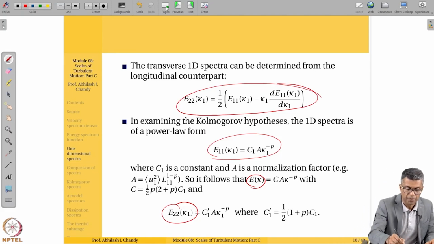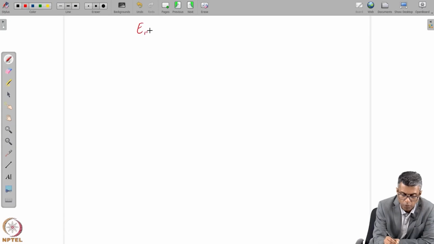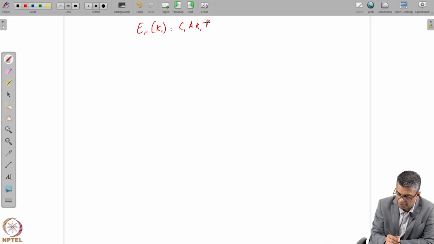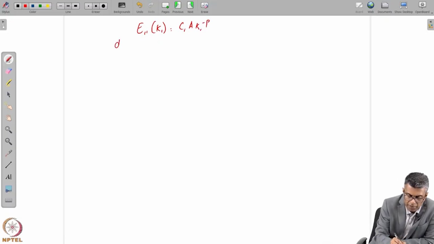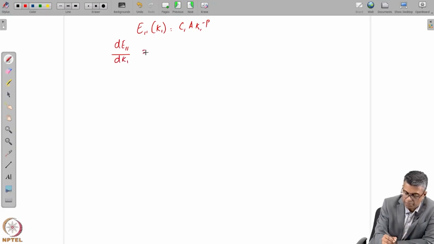So let's see how we can get that. I have E11 of kappa 1 equal to C1 A kappa 1 to the minus P. Let me consider dE11/d kappa 1. I'll just take a derivative, pretty simple.